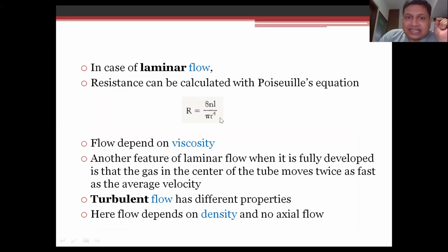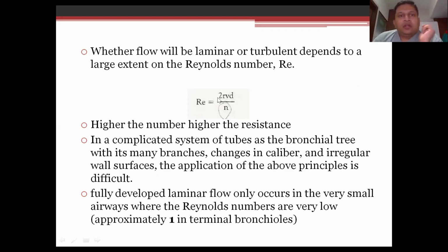This only applies if the flow is laminar, because as we have seen, the flow depends on the viscosity, length, and radius of your airway or any tube. So what decides whether the flow in a tube will remain laminar or become turbulent?